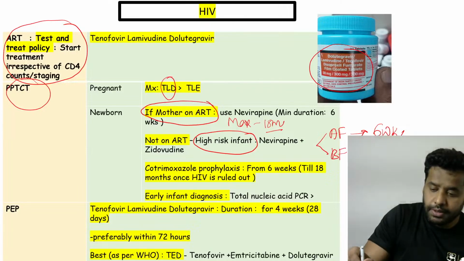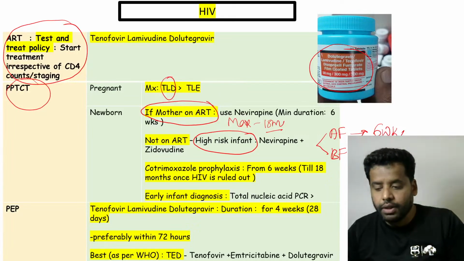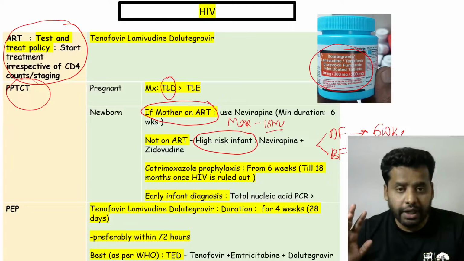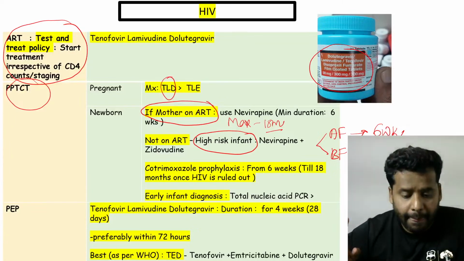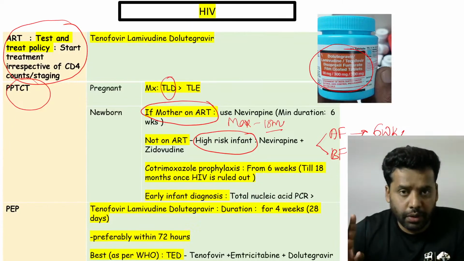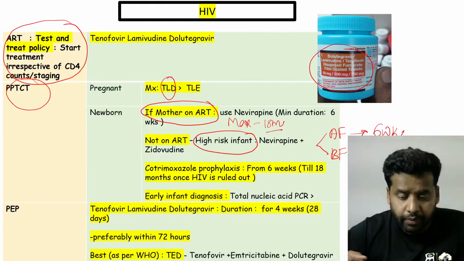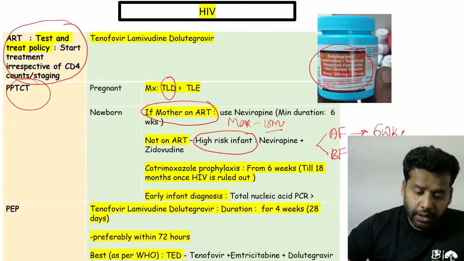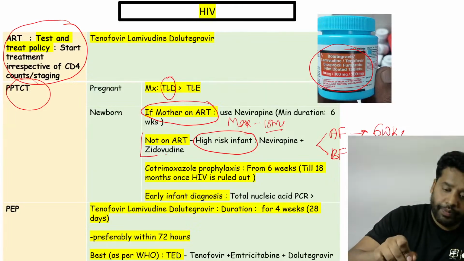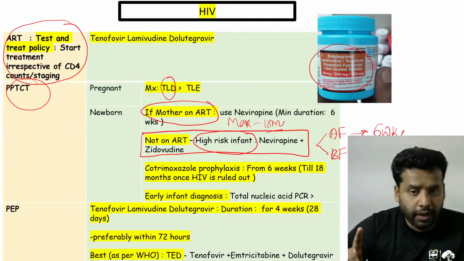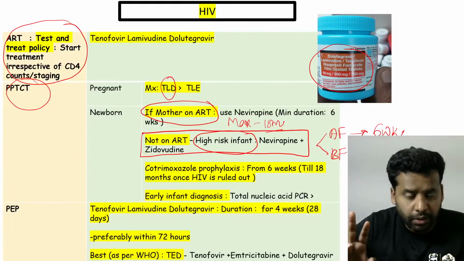If the mother is breastfeeding, prophylaxis for 12 weeks. Repeat: if artificial feeding, 6 weeks, 2 drugs. If breastfeeding, 12 weeks, 2 drugs. Not on ART, 2 drugs; on ART, 1 drug.